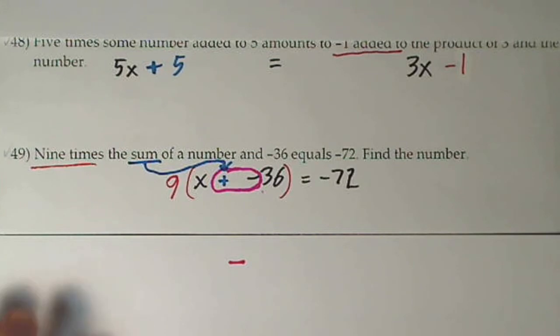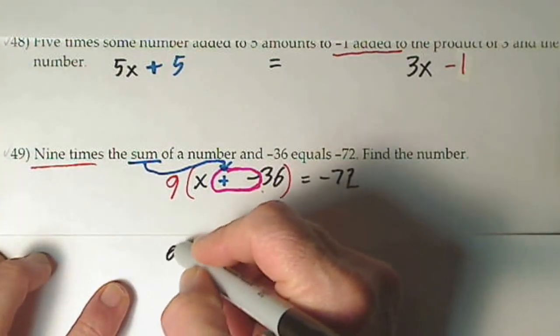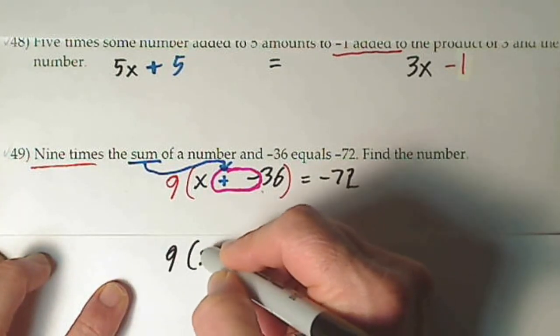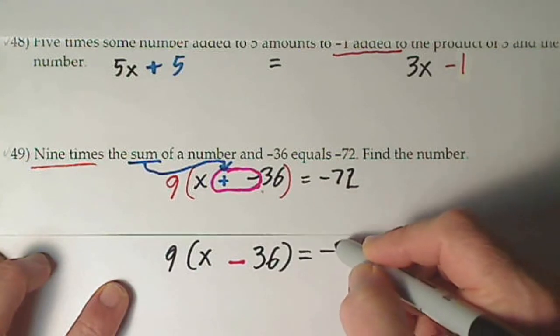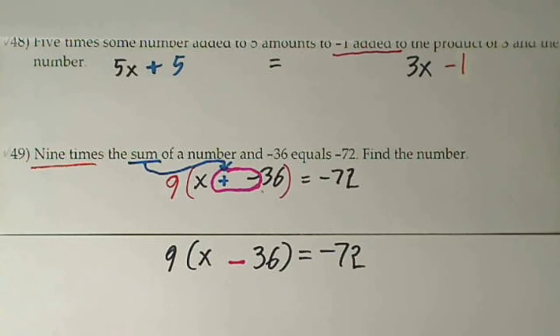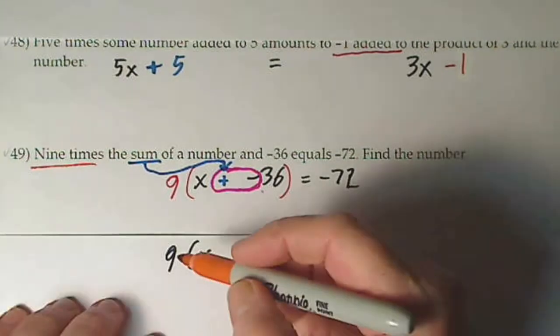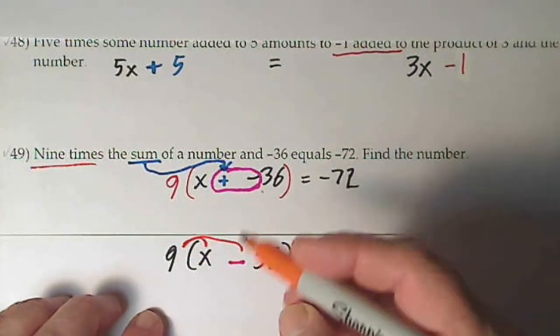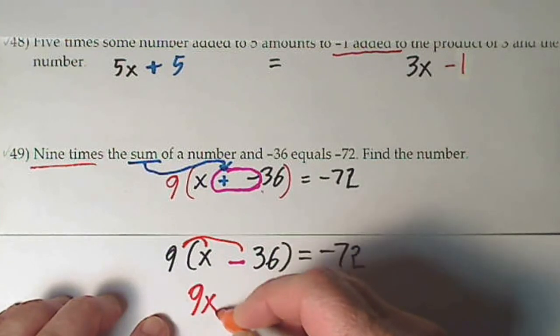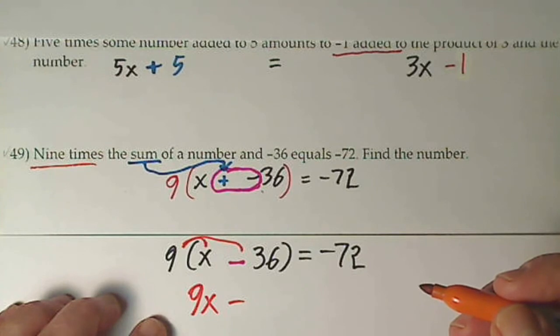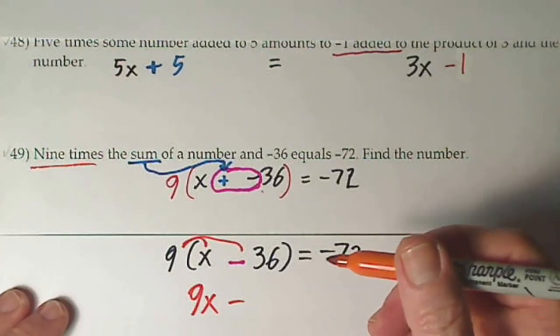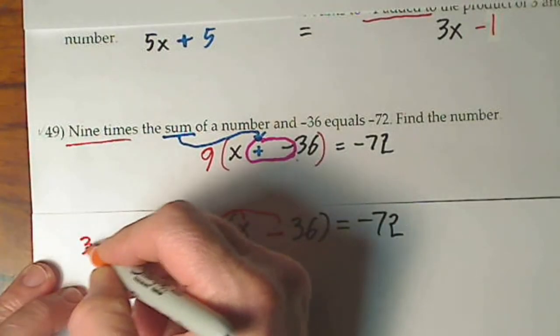And I'll just bring everything else down. We've got 9 parenthesis x. Alright, now to get rid of your parentheses, send the 9 in to each term. So that gives us 9x. Well, that's a lot of fun. 9 times 36. Well, let's crank it out.